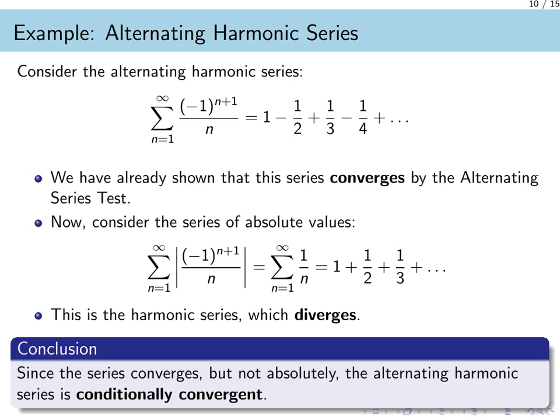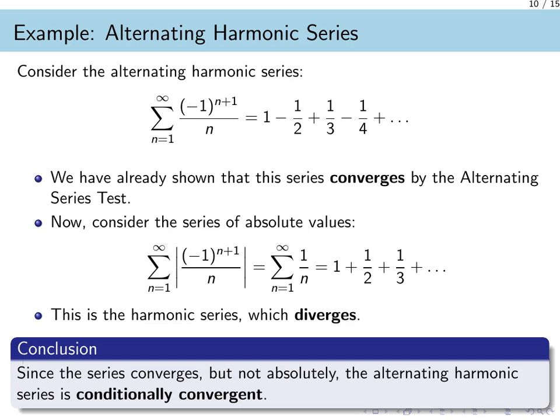Let us explore an important example that introduces a new classification for convergent series. We will focus on the alternating harmonic series, which is the sum from n equals 1 to infinity of the quantity -1 to the power of n plus 1, all divided by n. From our work with the alternating series test, we have already established that this series converges.